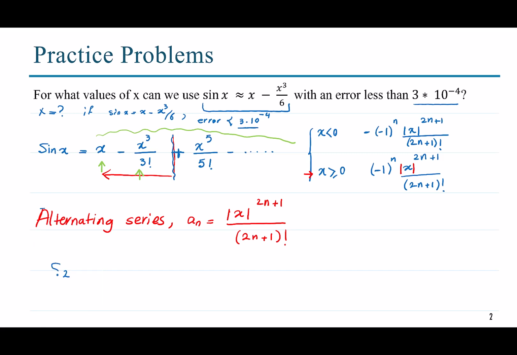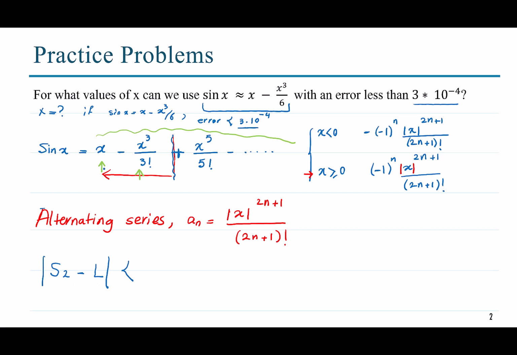If I use two terms, then what I get for the value of that infinite series using two terms minus the actual value when I use an infinite number of terms, the absolute value is going to be less than the next term.